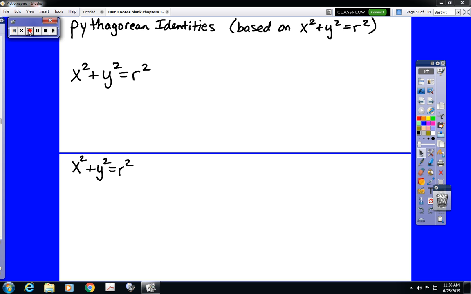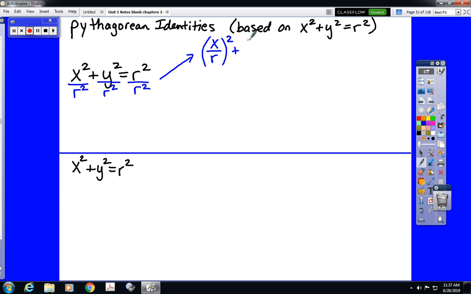Here we go. If we start off with x squared plus y squared equals r squared, which is our Pythagorean identity for our generic picture, and we divide all three of those terms by r squared, that is going to give us (x over r) squared plus (y over r) squared equals 1.